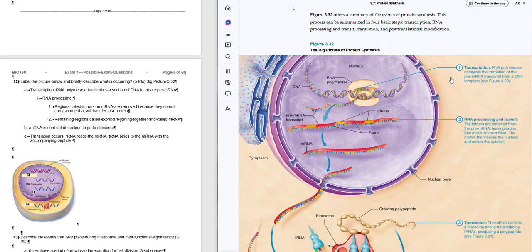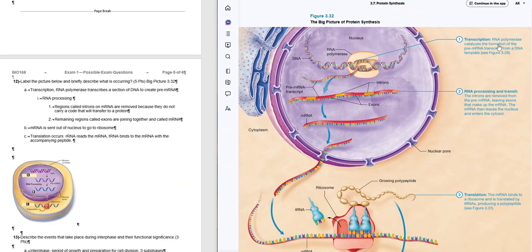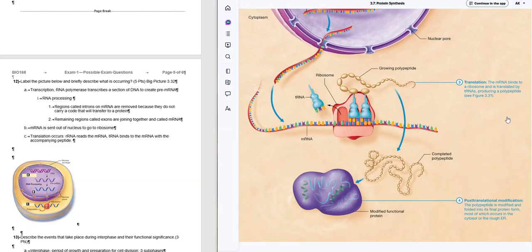So transcription: RNA polymerase catalyzes formation of our pre-messenger RNA from the DNA template. Then we have RNA processing, which we just talked about, splicing out the introns and putting the exons back together. All of this happens in the nucleus. Then that mature RNA leaves the nucleus and goes into the cytoplasm, where it joins with the ribosome.